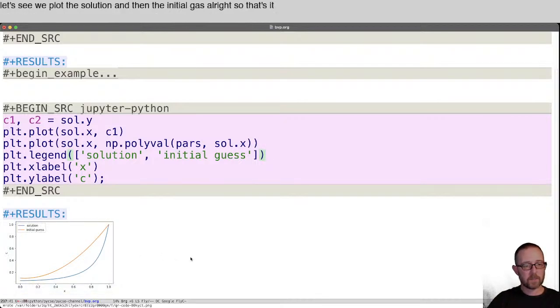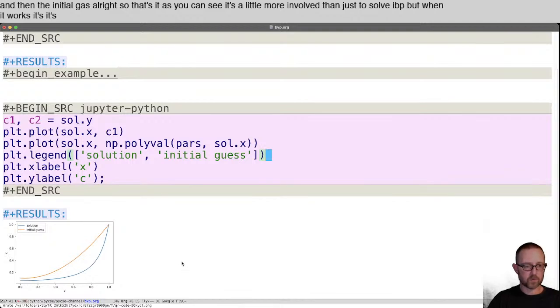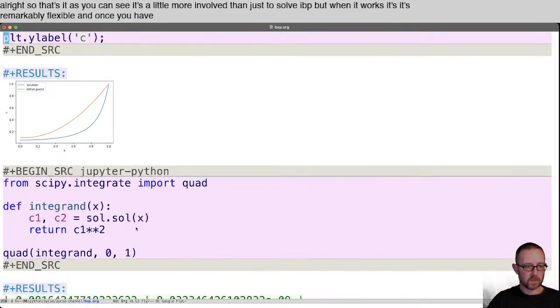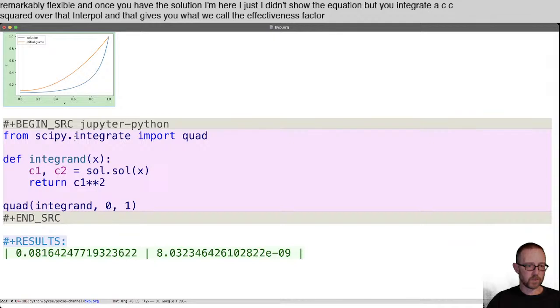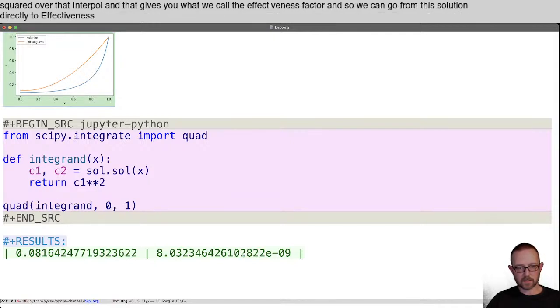Alright, so that's it. As you can see, it's a little more involved than just to solve IVP, but when it works, it's remarkably flexible. And once you have the solution, here I didn't show the equation, but you integrate c squared over that interval, and that gives you what we call the effectiveness factor. And so we can go from this solution directly to the effectiveness factor and this estimated error.